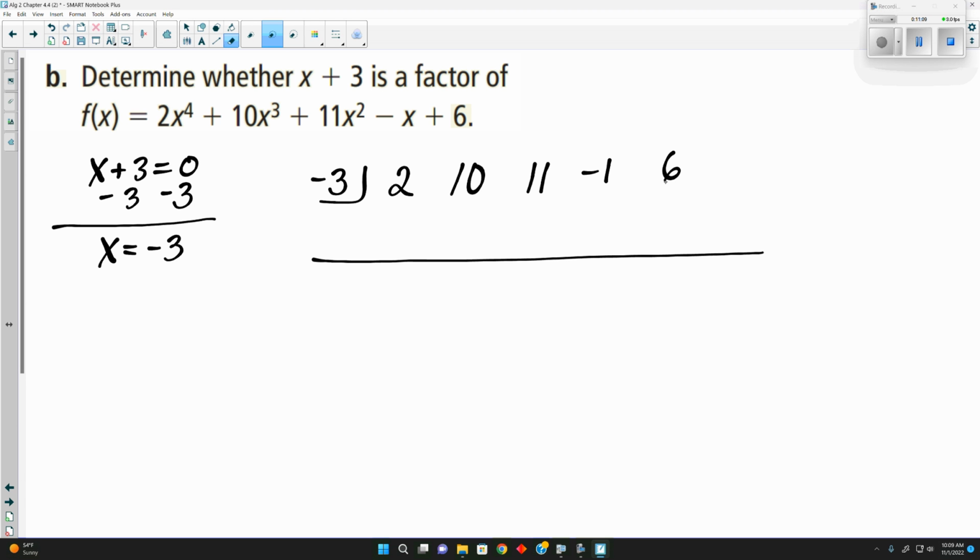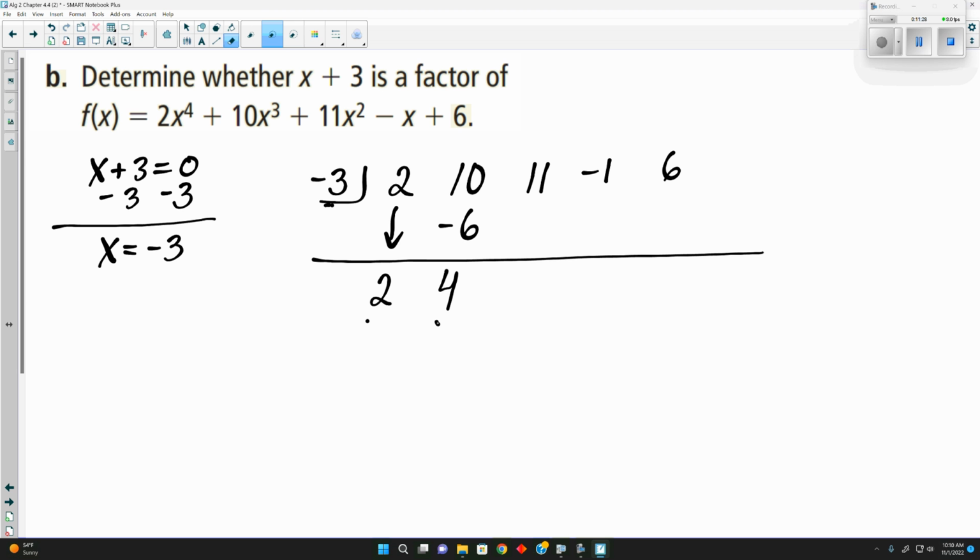And the first thing we can do is bring down the 2. And then we do what? Negative 3 times 2 is negative 6. 10 plus negative 6 is 4.